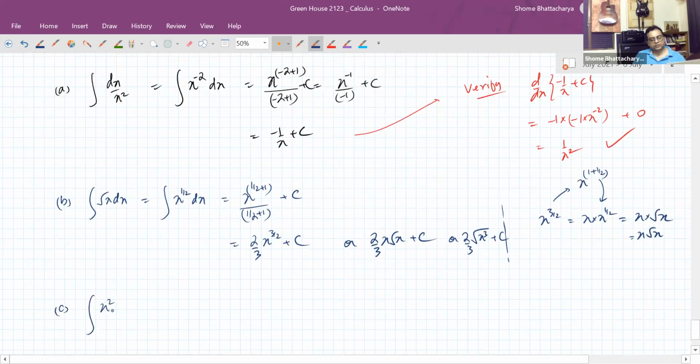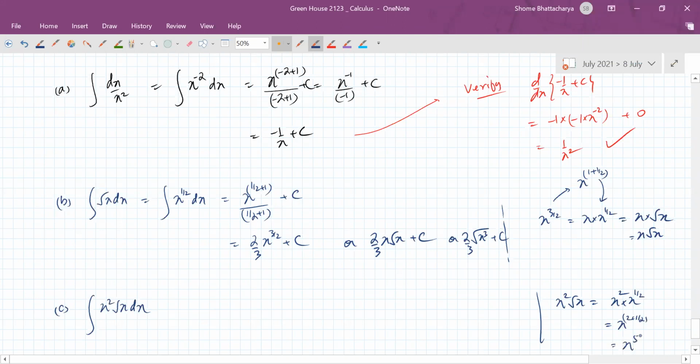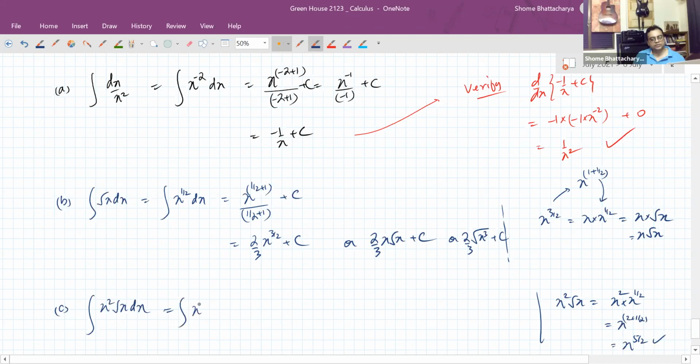So x square root x. In this we'll express x square root x as x multiplied by x to the power half. Sorry, x square multiplied by x to the power half. So 2 plus half, that is x to the power 5 by 2. So we'll first have to do a bit of algebra and reduce it to a single power, and then we can apply the formula of integration.